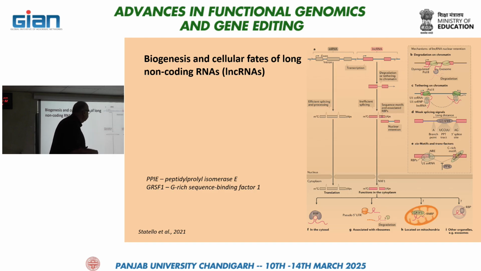So you have a lot of different approaches to keep these long non-coding RNAs in the nucleus. You can see immediately that the main action and function of these long non-coding RNAs will be in the nucleus. But sometimes they are exported and they can bind some proteins in the cytoplasm.